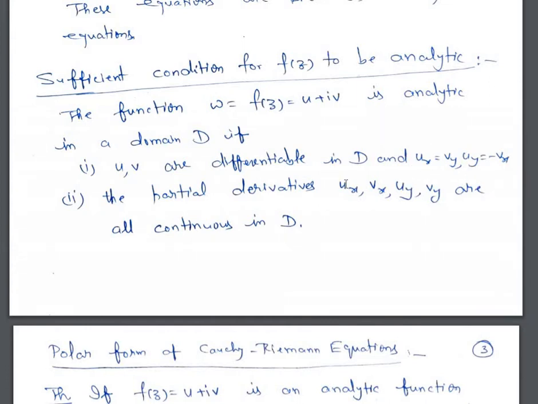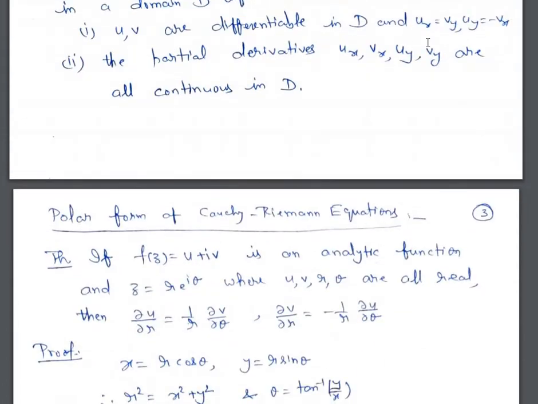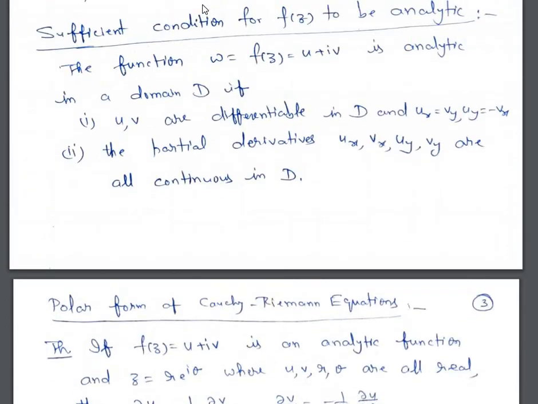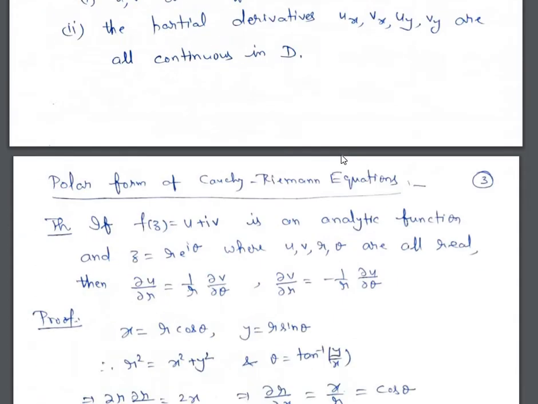And the second condition, the partial derivatives ux, vx, uy, vy are all continuous in D. So if a function f satisfies these two conditions, then the function will be analytic, right? Only satisfying Cauchy-Riemann equations will not imply that the function is analytic. So we shall see proof of this later on.